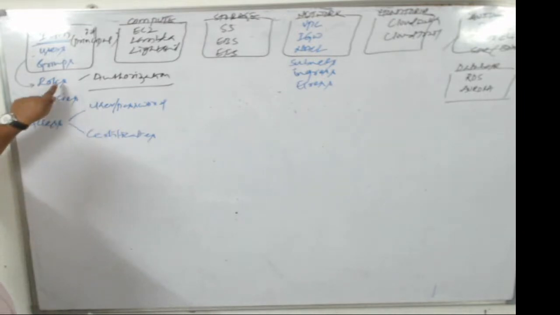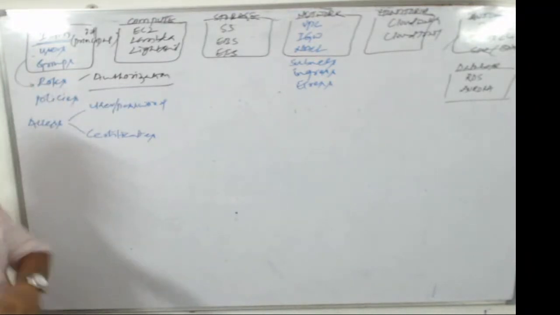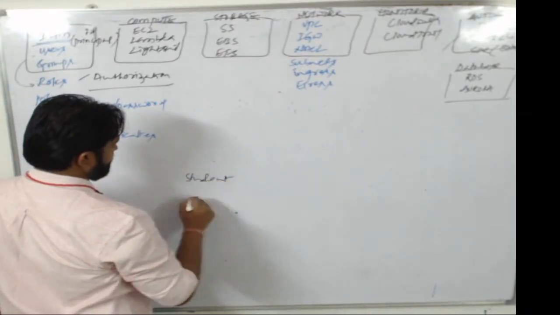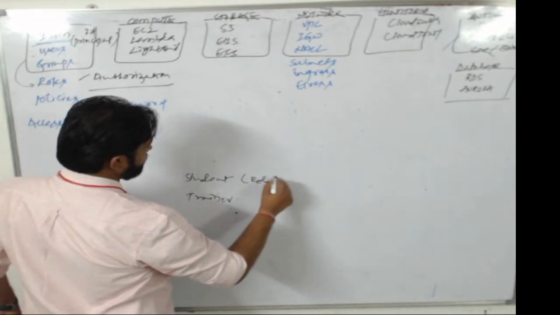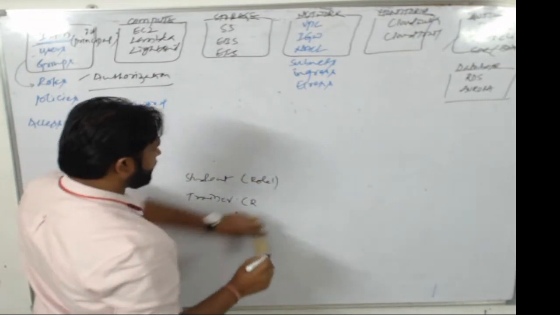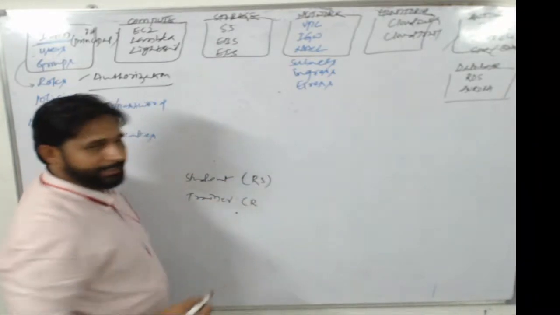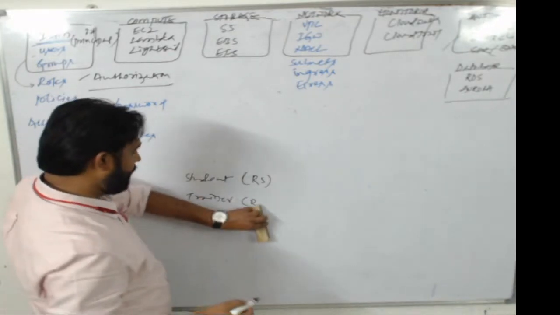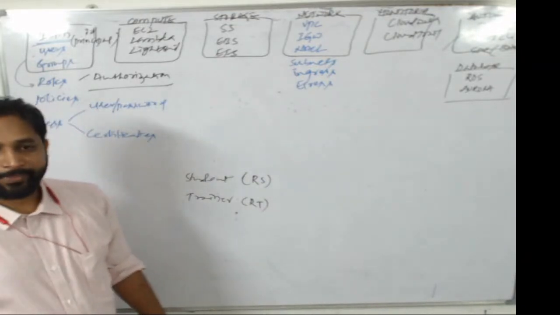So based on what you are authorized to do, you will give it a name. Like you said, student, trainer. This is role 1, this is role 2. Let's call it RS. We're just giving it a name. RS is a role that every student will have. RT is a role every trainer will have.